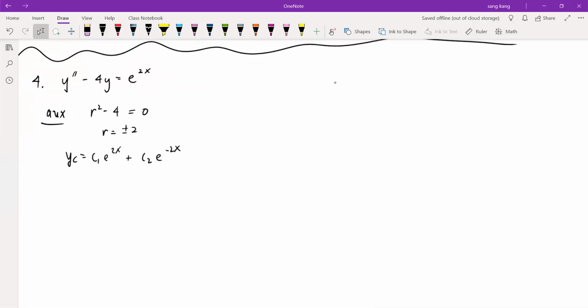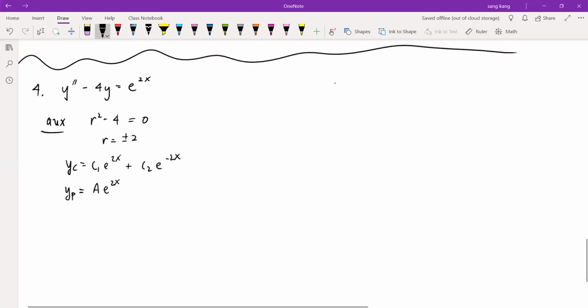Our y particular will be in the form a e to the 2x, but notice now, so this was the special case that I was talking about. We have this term here that essentially matches our particular, so we should multiply our particular by x, and now all 3 of these terms are different, right?